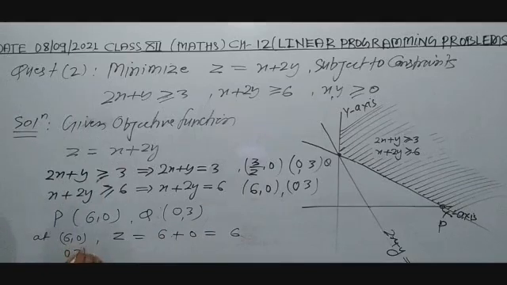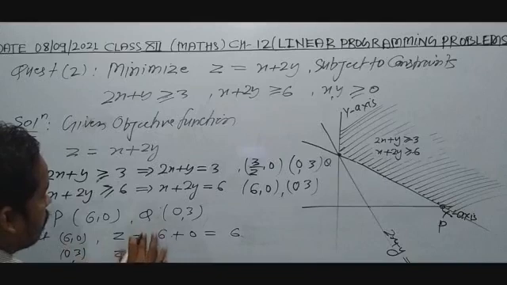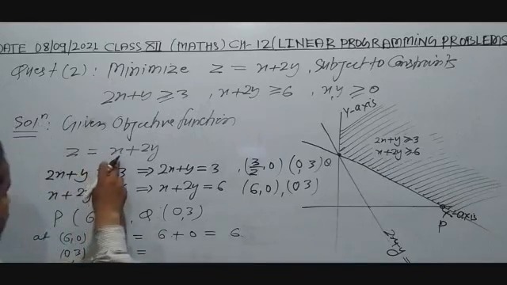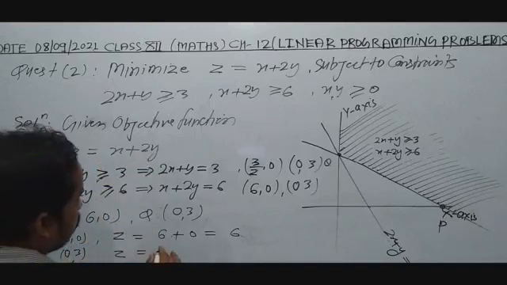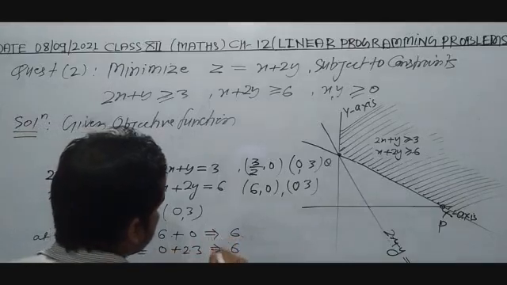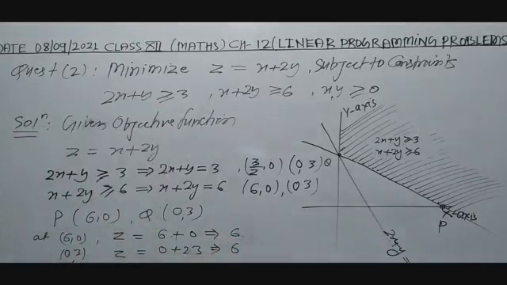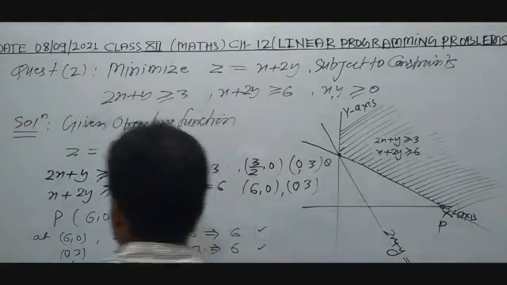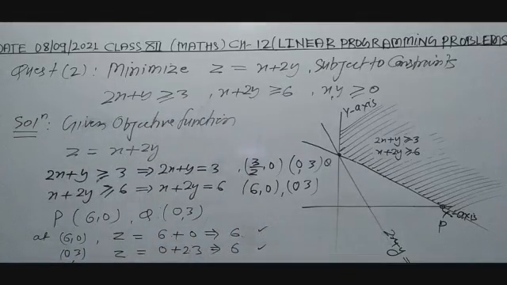Now at 0, 3, z will be equal to, at the place of x you will put 0 and y you will put 3. So you will get 6. Now these two values are same, means the function is minimum at both points, 6, 0 and 0, 3.